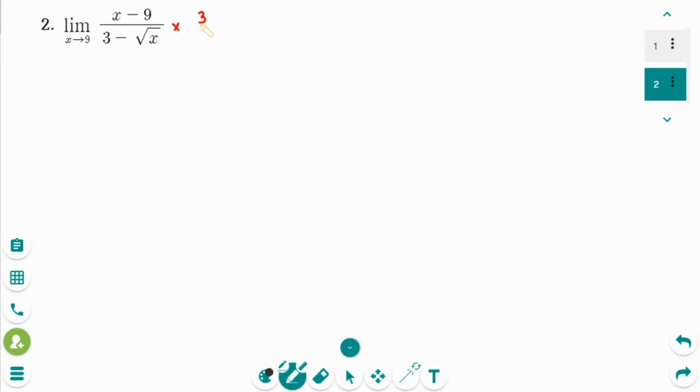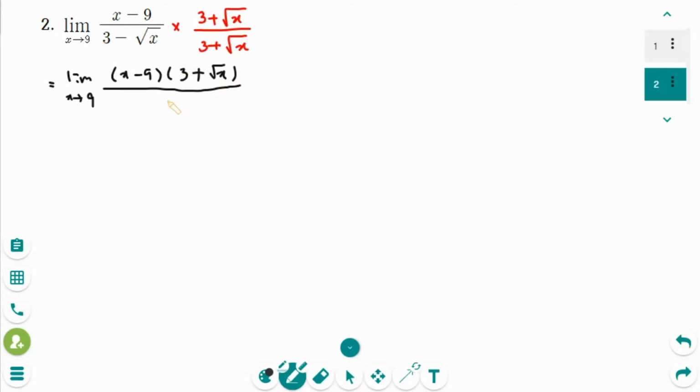Multiply 3 plus square root of x over 3 plus square root of x. Keep the numerator factored. And expand the denominator.